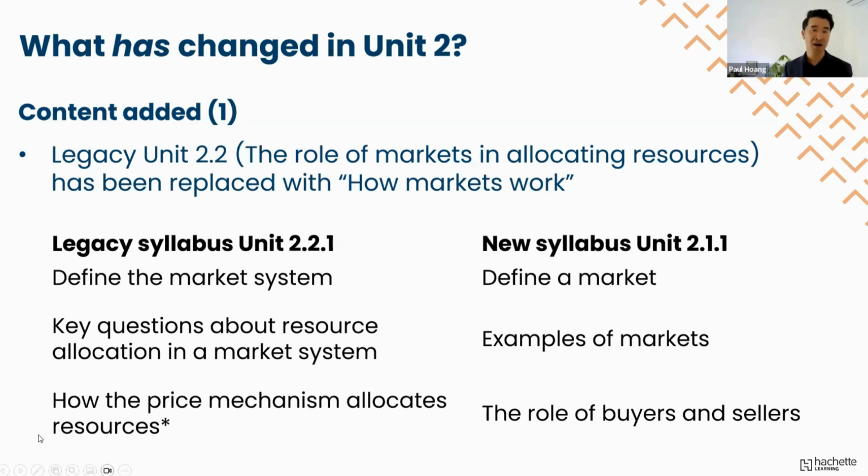You're looking at examples of markets, for example markets for goods or markets for services, and the role of buyers and sellers in markets rather than the market system. So the price mechanism is in the new syllabus, it's just in a different section. For this particular section of how markets work, we're not looking at the price mechanism.